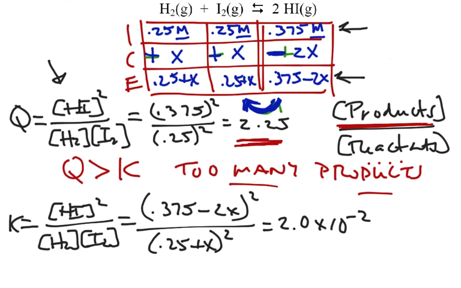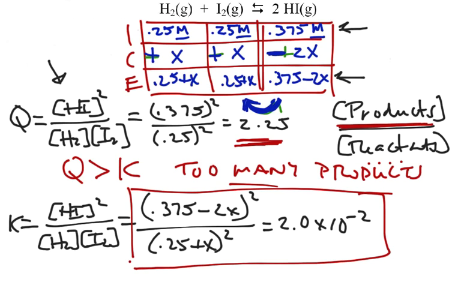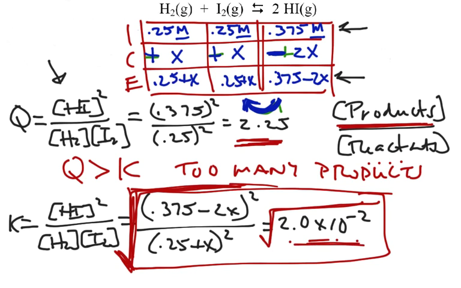Now, I'm about to leave you here. All we have to do is solve, and the trick is that since I have squared and squared in my numerator and denominator, all I have to do is take the square root of both sides of my equation. So radical this side equals radical this side. Now that's going to cause my right side to be a number.